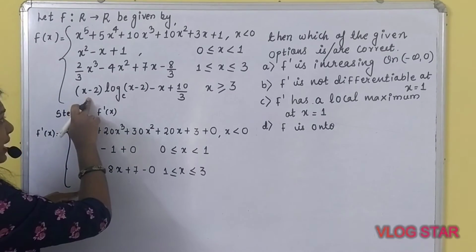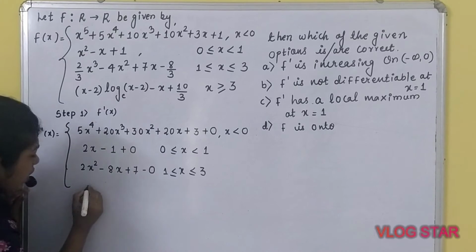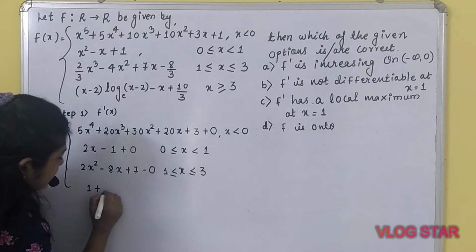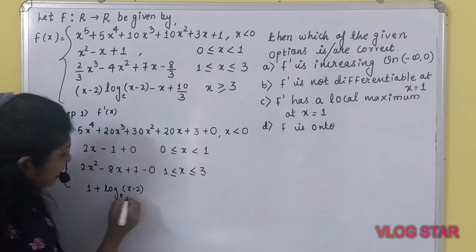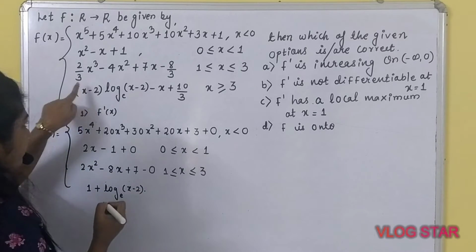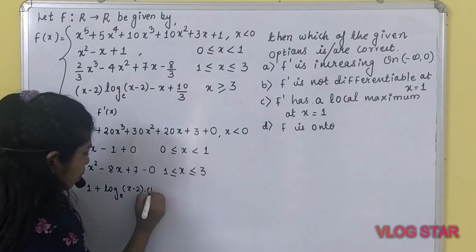So this x minus 2 and x minus 2 will get cancelled. So you will get 1 plus v as it is, that is log of e to the power x minus 2, as it is into the derivative of this term with respect to x, which is always equal to 1.